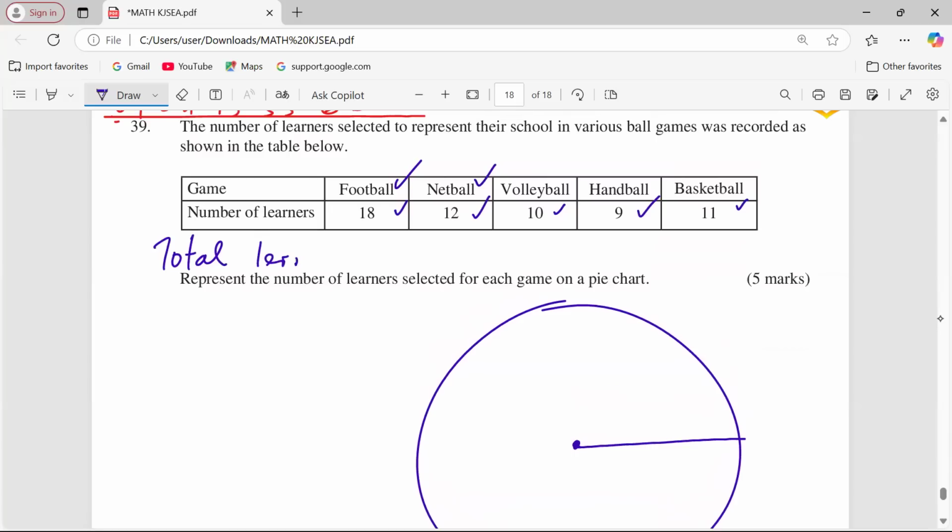Total learners or players: 18 plus 12 plus 10 plus 9 plus 11. This gives us 18 plus 12 is 30, 40, 49, plus 11 is 60. So we have 60 learners in total.